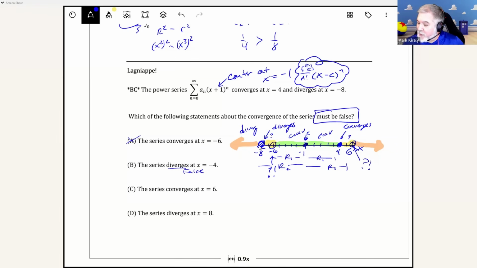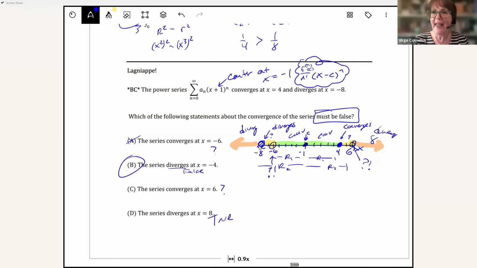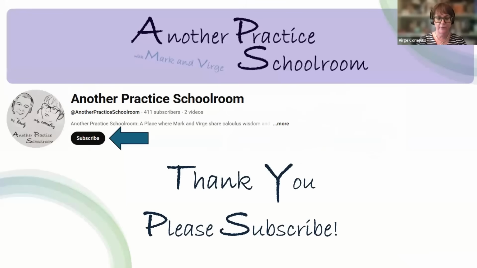That's my corresponding endpoint to -8. And at 8, we know it diverges. So that is true. And so the only one that must be false is B. Yay! I enjoy those too much. Nah, there's no such thing as enjoying math too much.